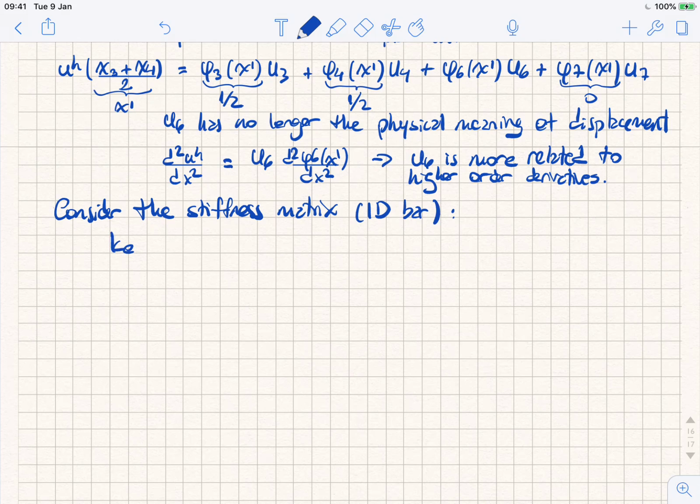Our K^E is a matrix, but I'm going to compute just the IJ component of that. If we take our bilinear form applied to that element, it looks like this.